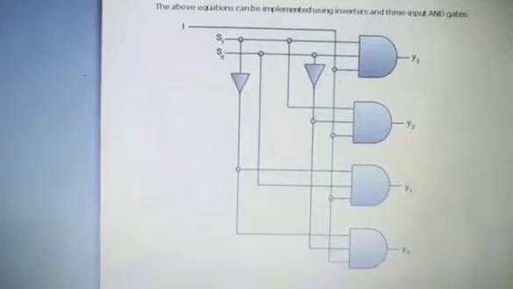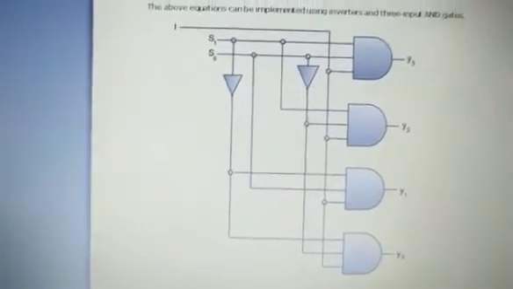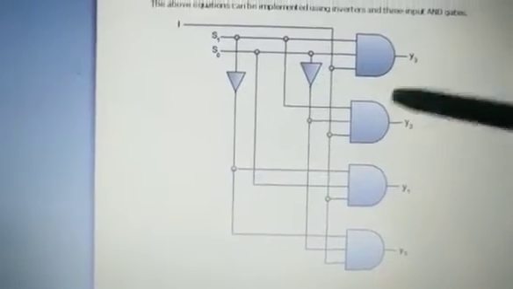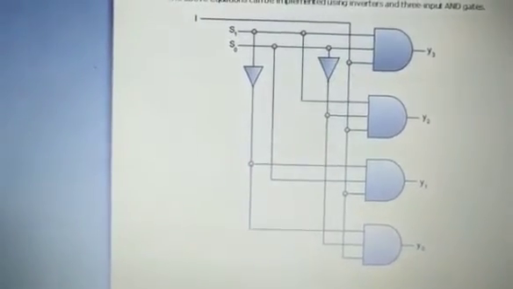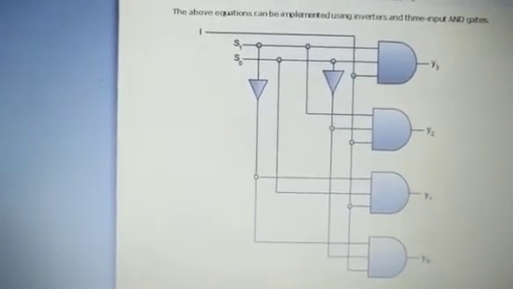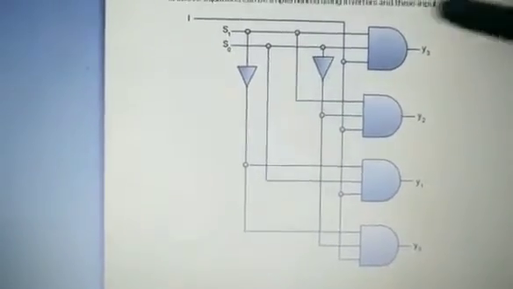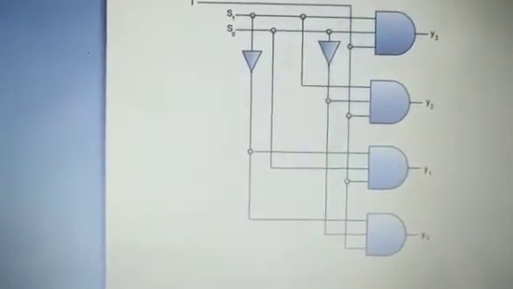That's why we require 3-input AND gates. How many AND gates are required? 4. How many NOT gates? 2. Why are NOT gates required? Because sometimes we take the S0 bar value and sometimes the S1 bar value. So to represent S1 bar and S0 bar, we require the NOT gates.